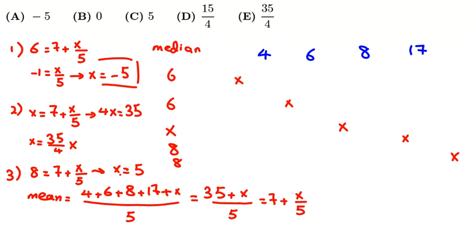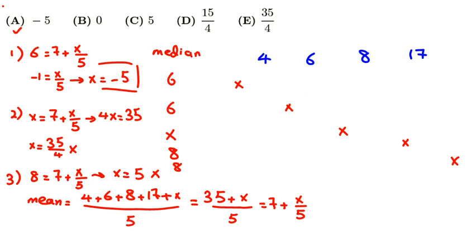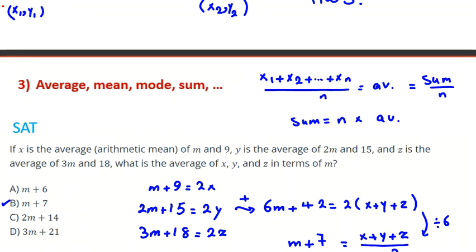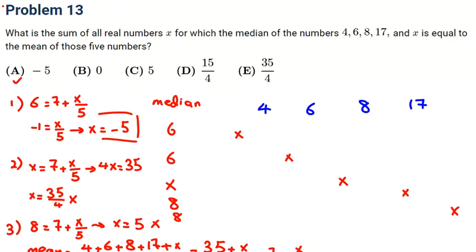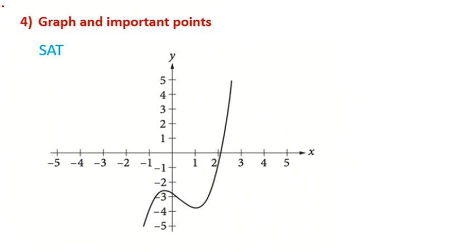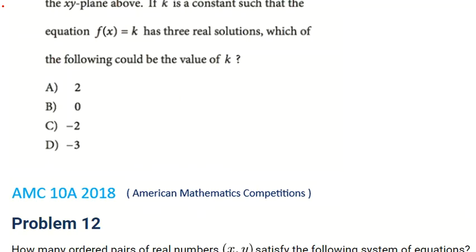The median is 8 under the condition that x should be at least 8, but x is 5, impossible. So the only answer is -5, the sum of all possible values of x. The answer is -5. Okay, let's consider the next one, graphs and important points.